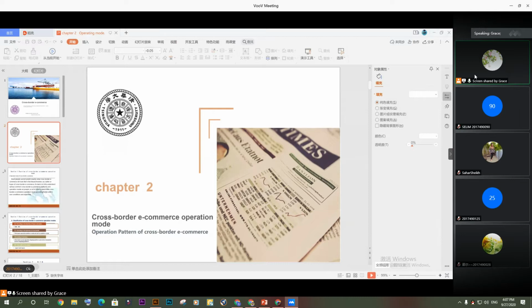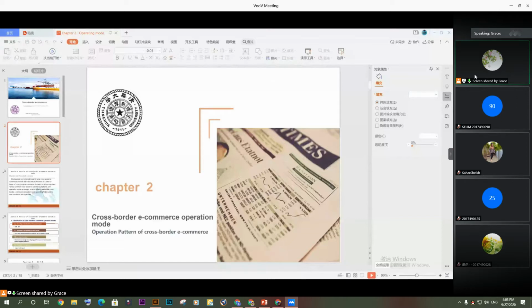section 1. The section 1 is overview of cross-border e-commerce operation mode. Because we should learn what is a cross-border e-commerce operation mode, we should learn the operation patterns. And maybe you guys can read these paragraphs here. It is just that most people cannot predict exactly what cross-border e-commerce will look like in the future.